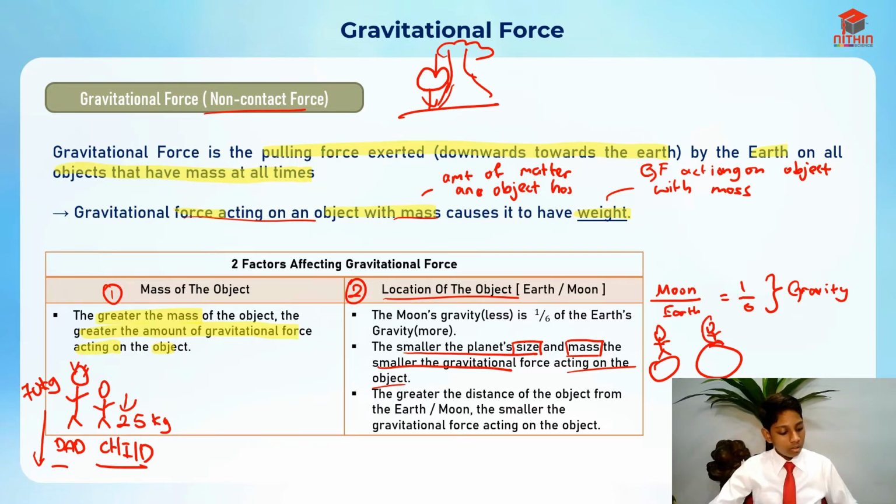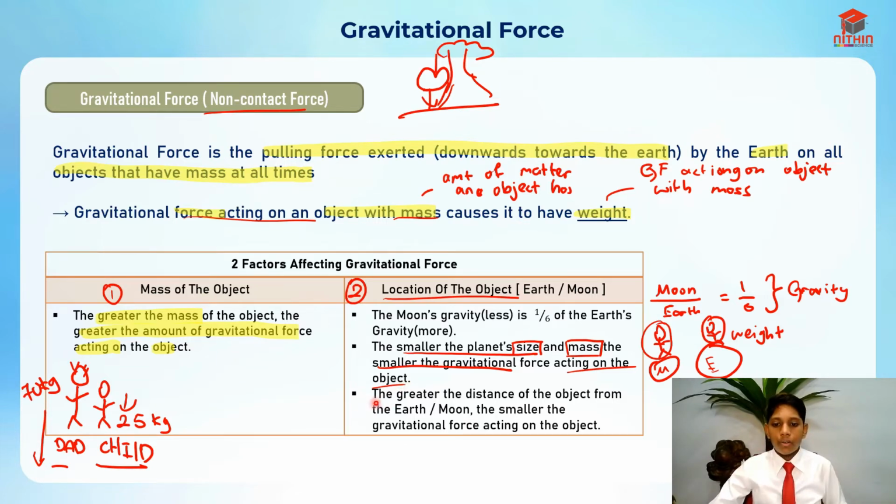So this astronaut will actually have more weight on Earth than on the moon. So basically there's more gravitational force acting on this person than this person on the moon, okay.